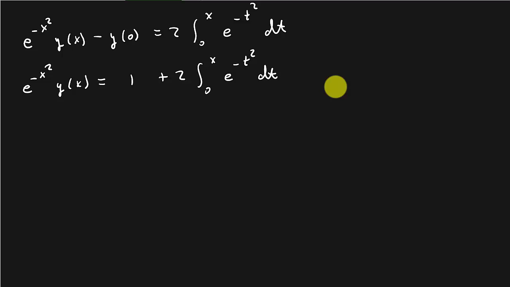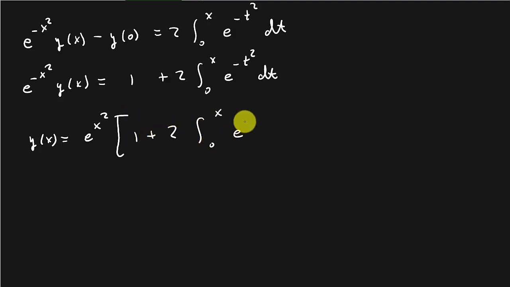And now I've got to get this by itself. So I'm going to multiply both sides by e to the negative x squared. Or, I'm sorry, divide everything by that. Or I can multiply by e to the x squared. So I get y of x is equal to e to the x squared times 1 plus 2 integral 0 to x e to the negative t squared dt.